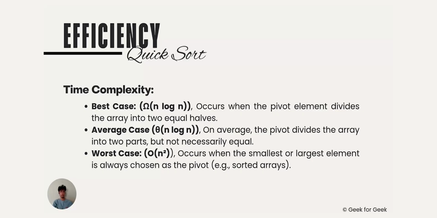For this part of the reporting, I'll be talking about the efficiency of quicksort, starting with time complexity. The best case scenario is Omega(n log n). This occurs when the pivot element divides the array into two equal halves.